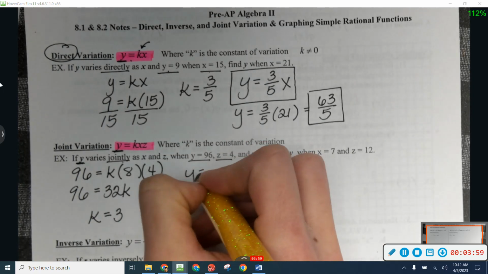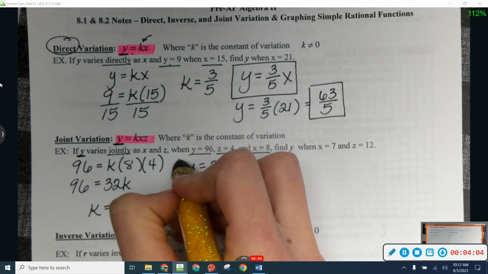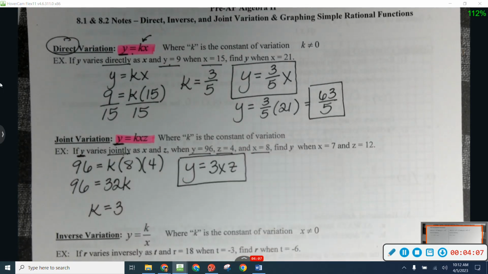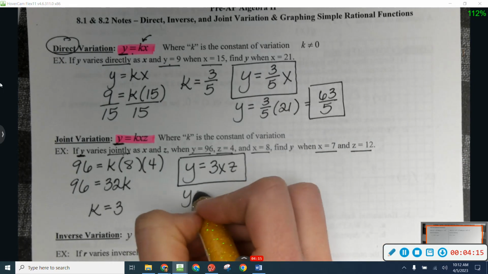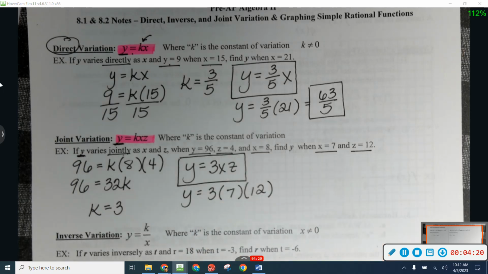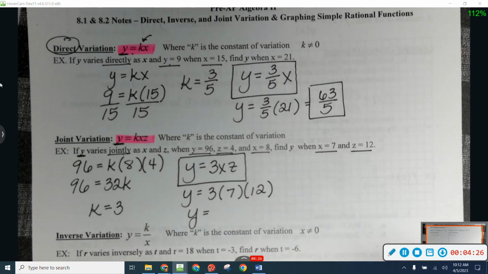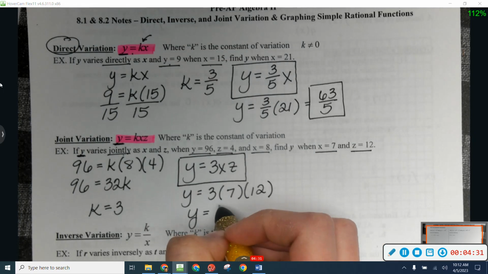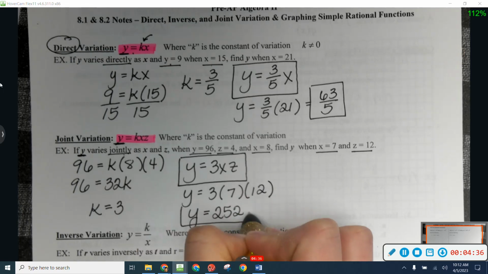So y is equal to 3 times x times z. That's your first part of your answer. Then we want to know what y is when x equals 7 and z equals 12. So y is equal to 3 times 7 times 12, which gives you the answer.